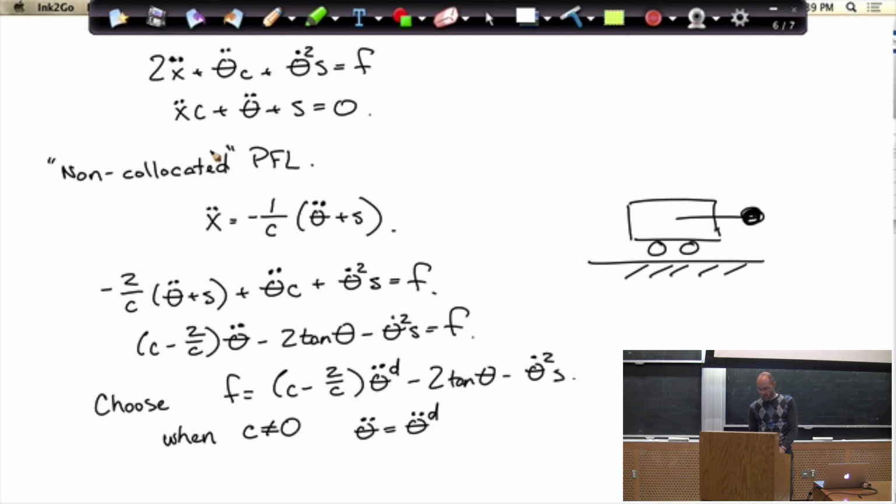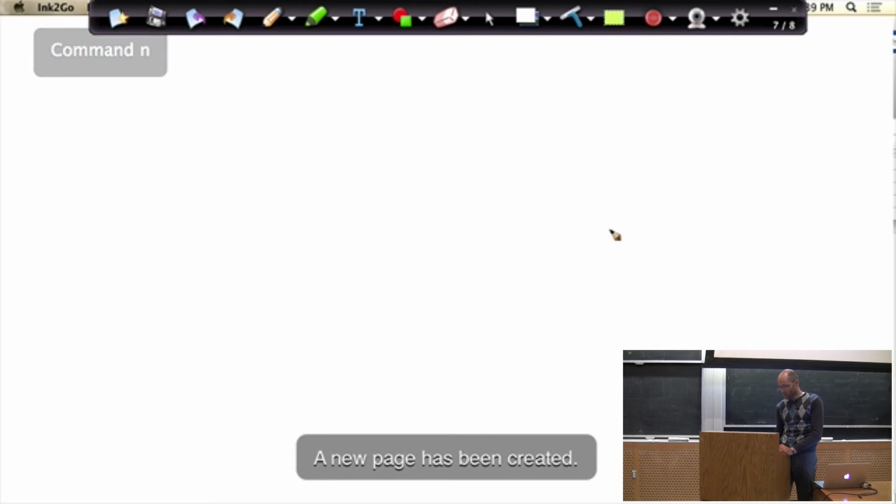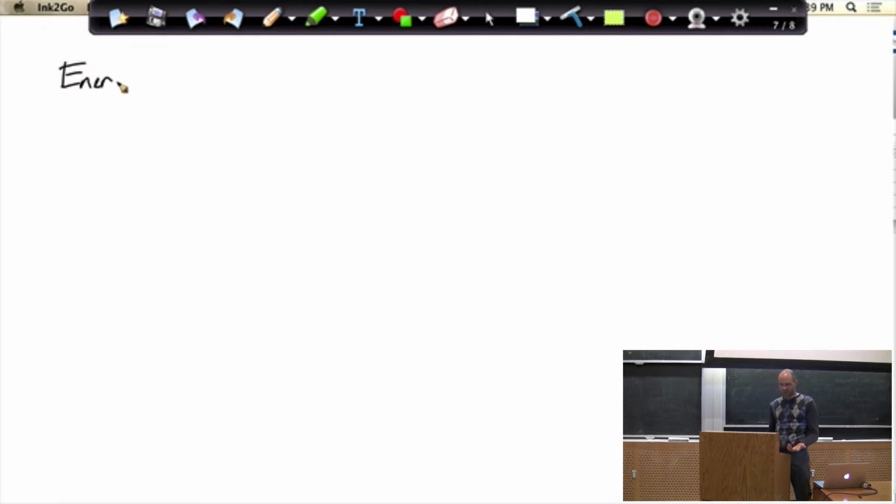All right, so now we have a recipe for doing energy shaping of the pendulum with our controller even being at the cart, right? The first idea would be to just do non-collocated partial feedback linearization and choose this.